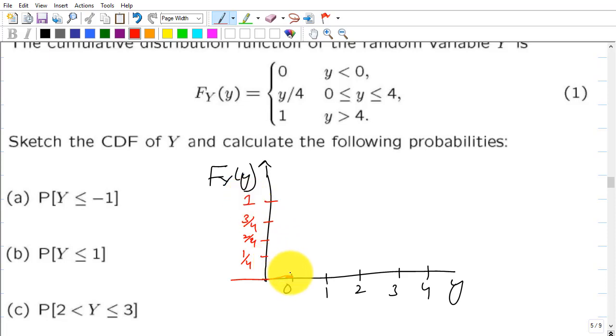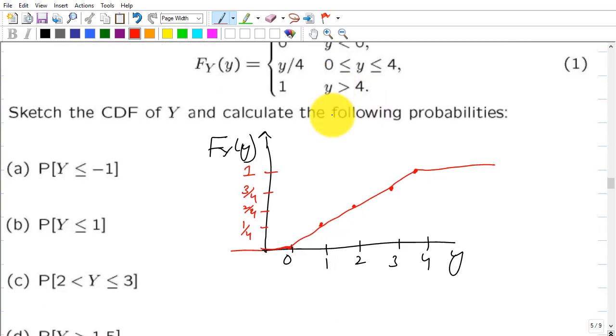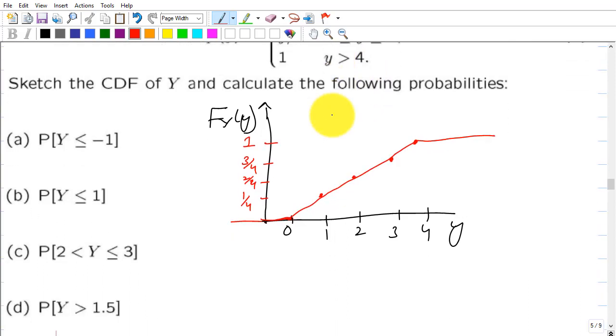So at 1 it is 1 by 4, at 2 it is 2 by 4, at 3 it is 3 by 4, and at 4 it is 1. So it will be a continuous function like this, and then it stays at 1 because it says 1 for y greater than 4. So that was the sketching of this.